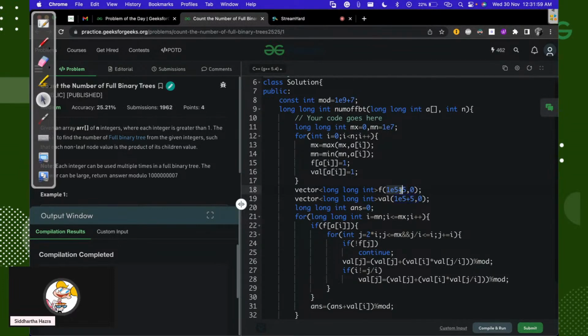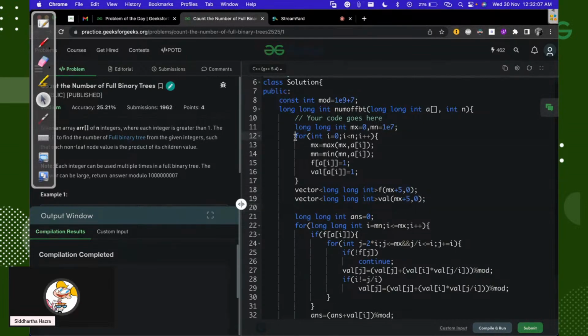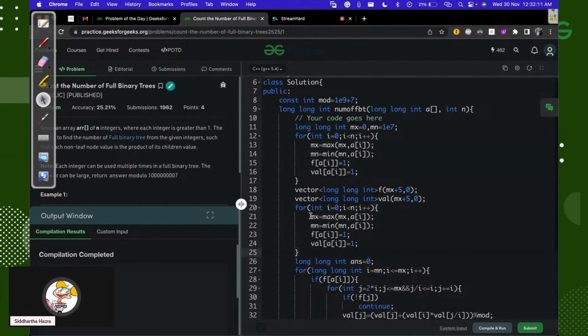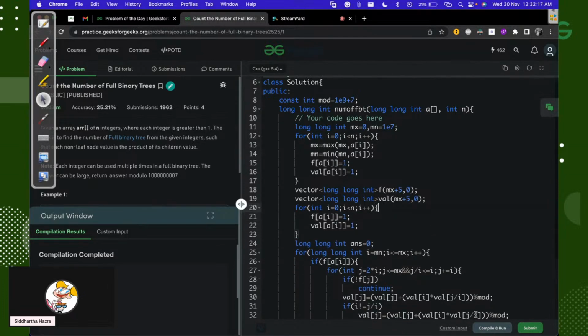So if we have here as mx, and then we have the same loop again, and if we have the max as well as min going out, now let us see if it is still a segmentation fault.